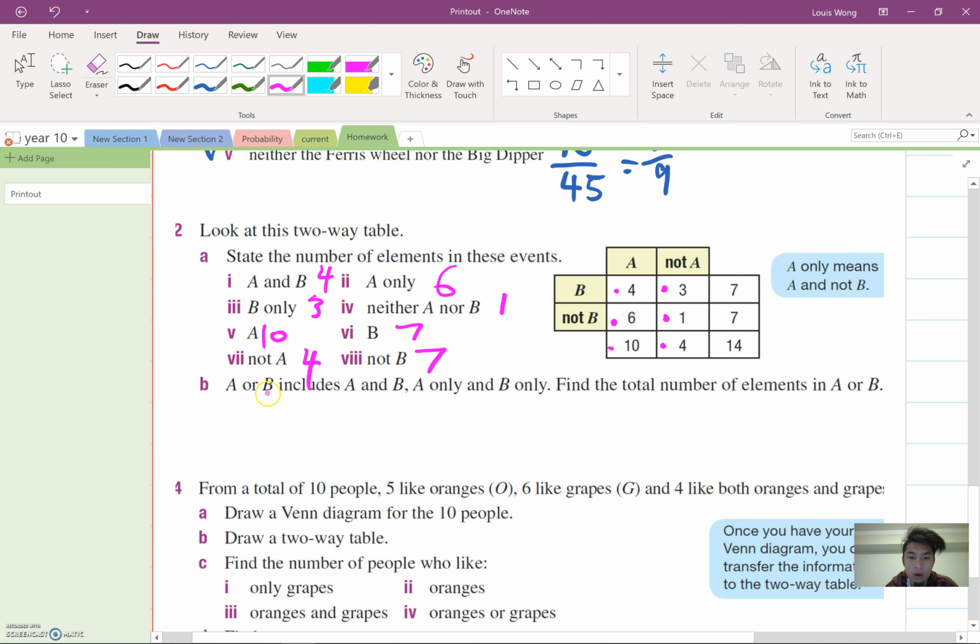And you want to know A or B includes A and B, A only and B only. So you want to find the number of elements in A or B, and it doesn't matter whether it's A or B. So it's 4 plus 3 plus 6, and you don't add this number because this is neither of them. So 4 plus 6, 10, plus 3 is 13. There are 13 people here.